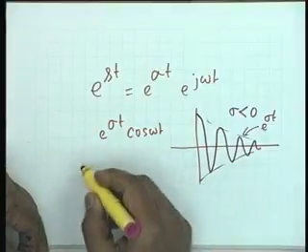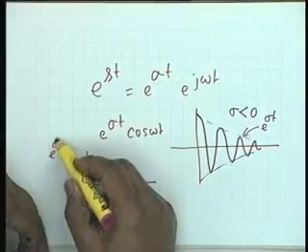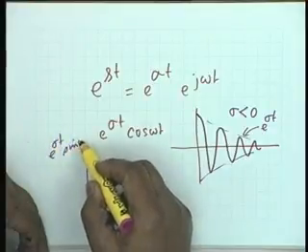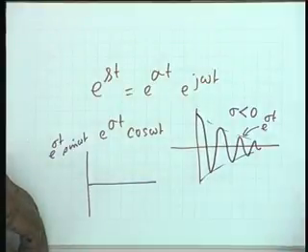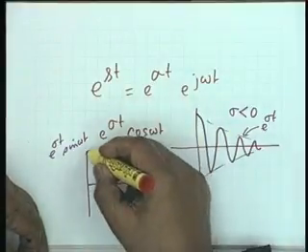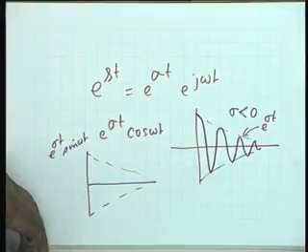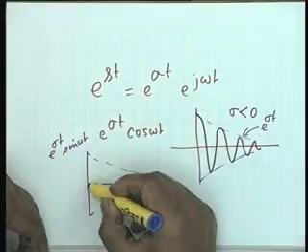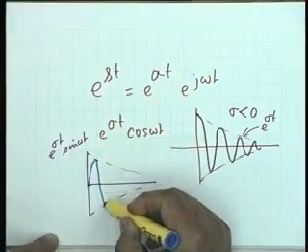In a similar manner, we can draw the imaginary part. Now, the imaginary part is e to the sigma t sine omega t, not j times this. Okay, this is the imaginary part, and the imaginary part with sigma negative shall be like this. It shall start from here. Sine omega t is 0 at t equal to 0, so it goes like this.